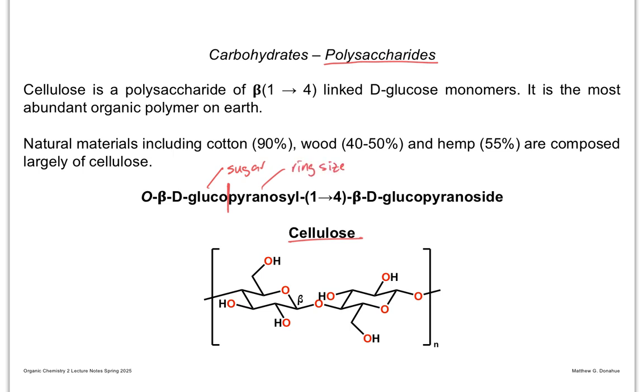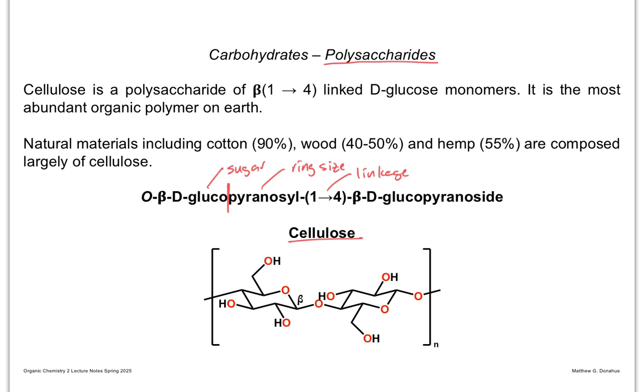So pyran is a 6-membered ring. A furan is a 5-membered ring. Those are the most common ring sizes. This thing in the middle here is telling you which oxygen atoms are linking the two sugars of that repeating unit.